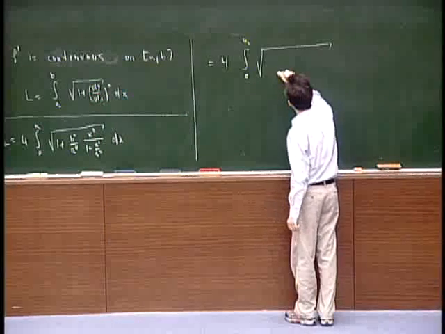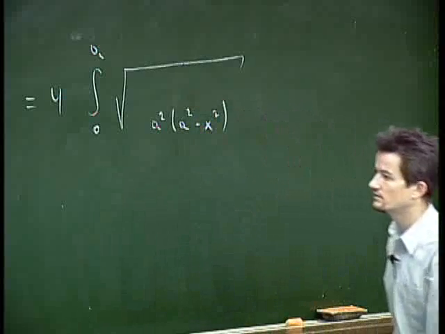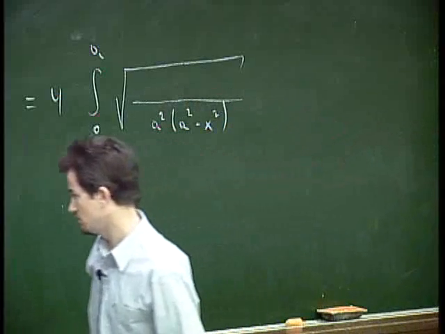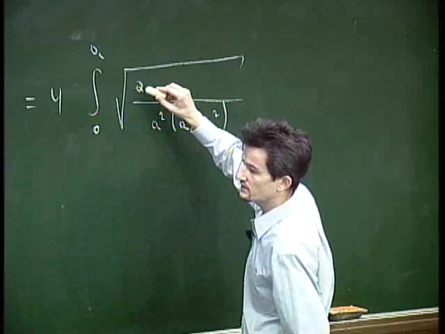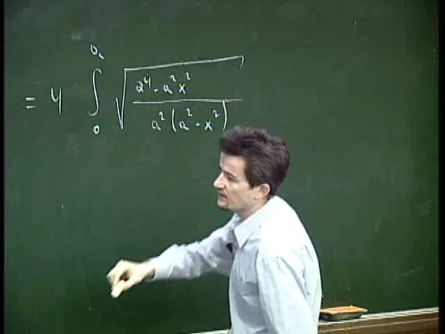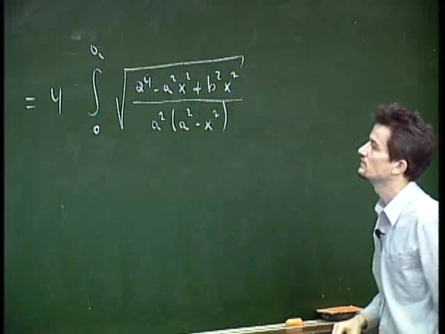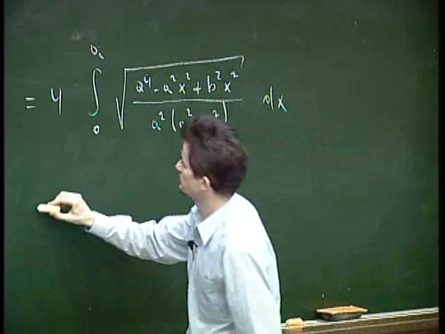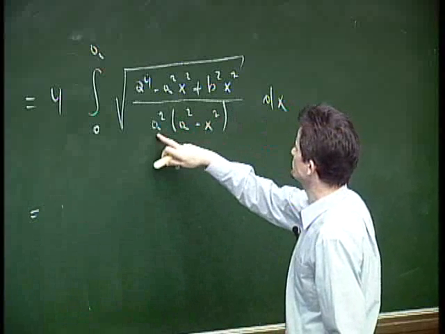We can write a squared times a squared minus x squared, and then the same numerator: a to the 4 minus a squared x squared, but also plus b squared x squared dx. So actually we can take out a squared here.